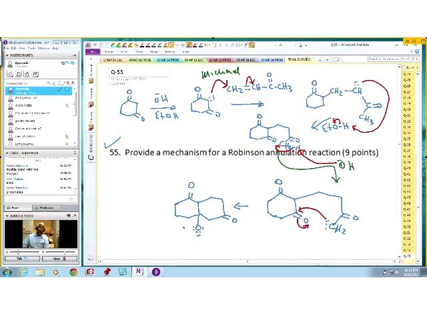Now, finally, keep in mind this comes here, and of course forms water, since we have taken this proton from here to form this.